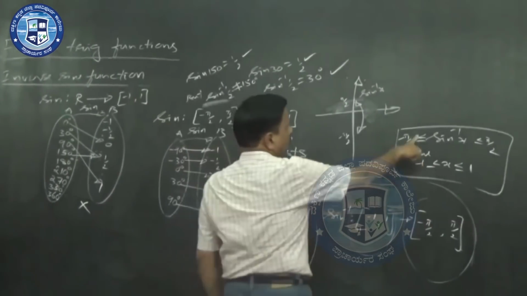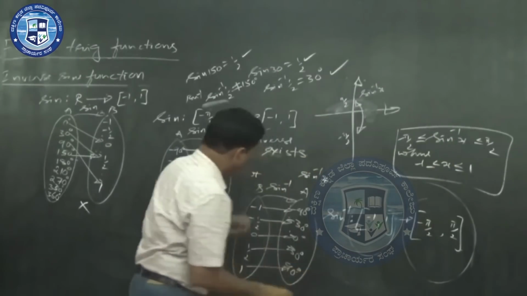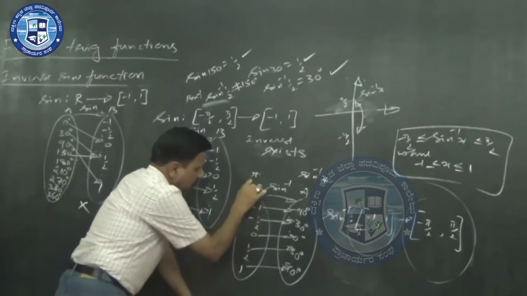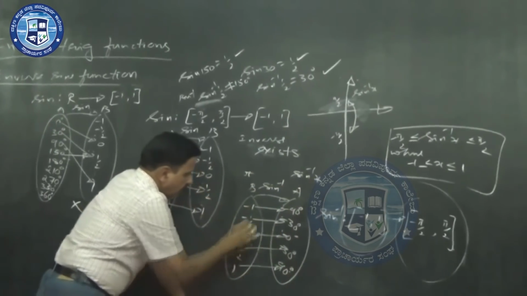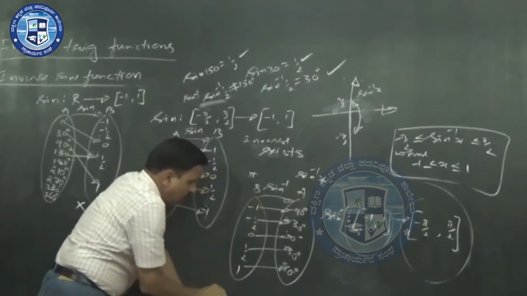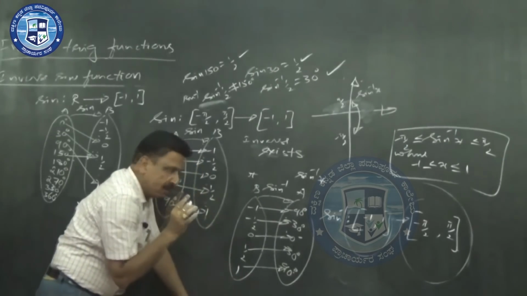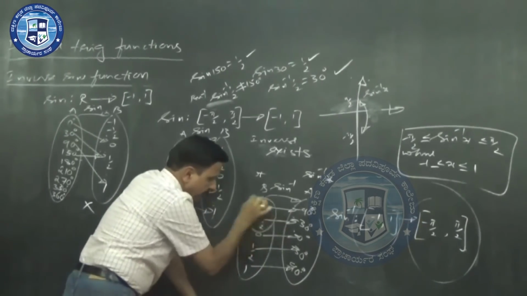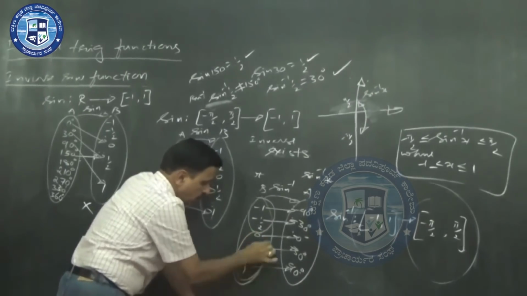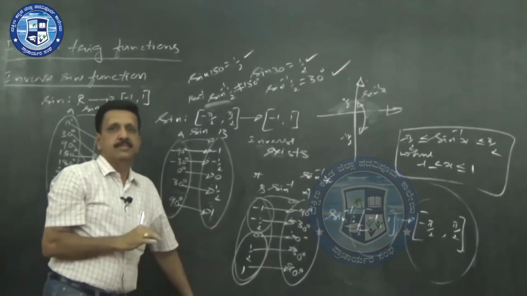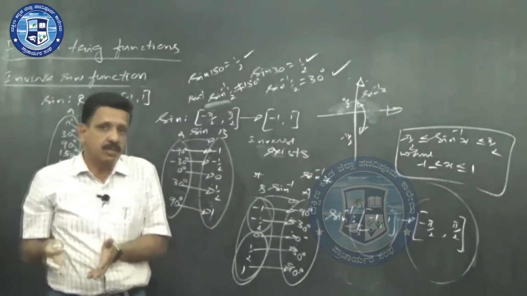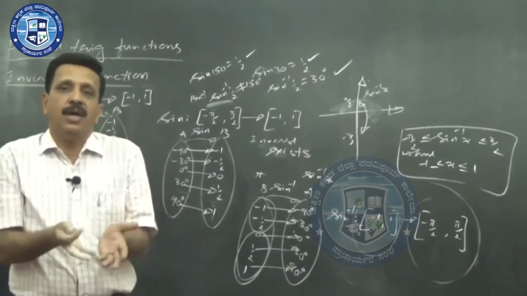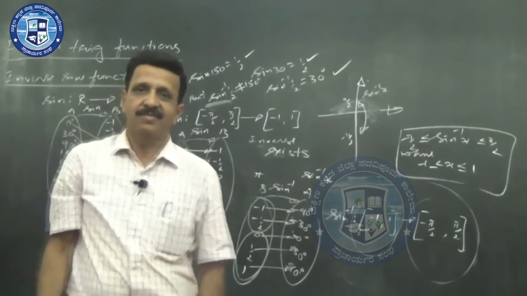So you remember sin inverse, and further if you observe, this is x and this is sin inverse x. X values you can classify into two categories. One is negative values of x, another is non-negative values of x. Roughly you can say positive, but non-negative need not be positive. 0 is non-negative, but it is not positive.